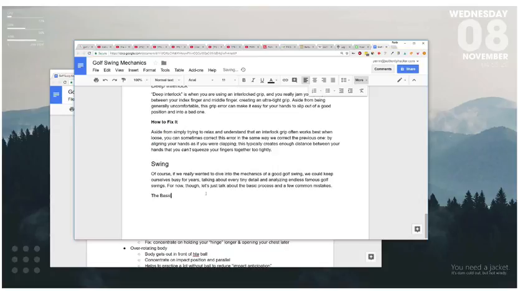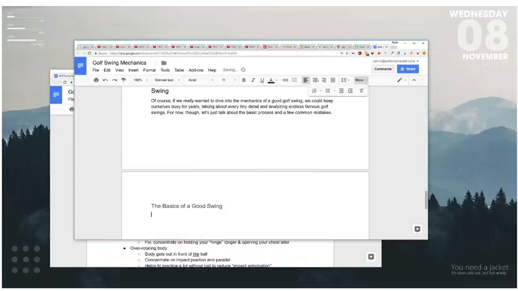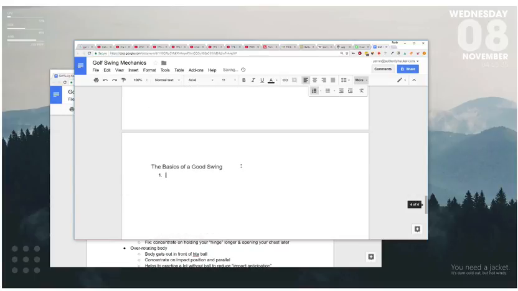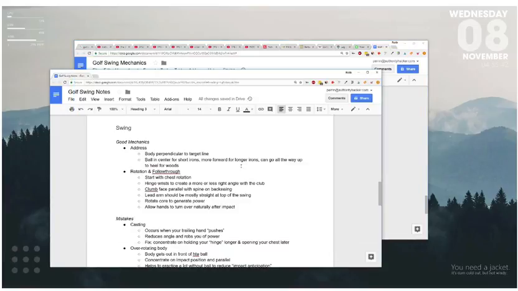The basics of a good swing. Let's make this heading 3. Let's make it a numbered list, why not?